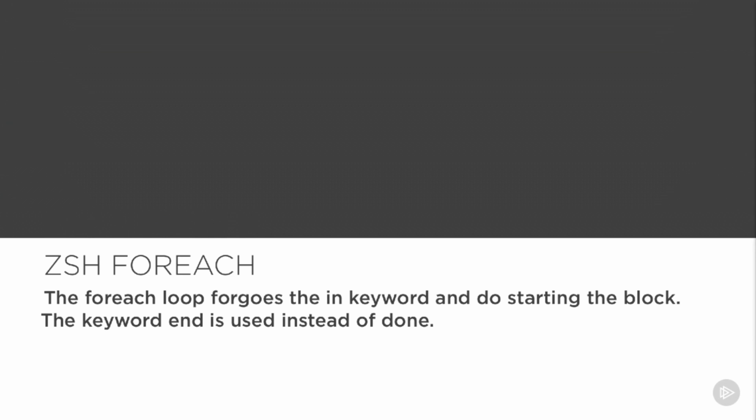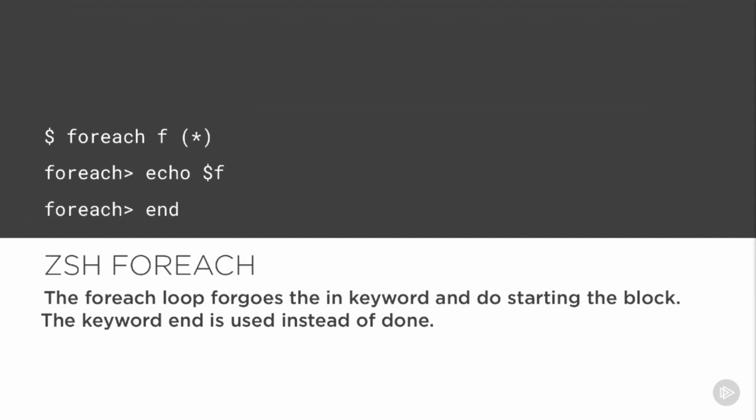Now the foreach loop forgoes the in keyword, and we don't need the do starting our code block. And instead of using the word done, we use the word end. So we can go through and look at foreach f, and then just go through and look at our items. We can then echo out the variable, and then we can use the keyword end.